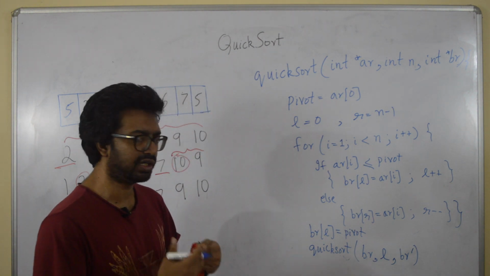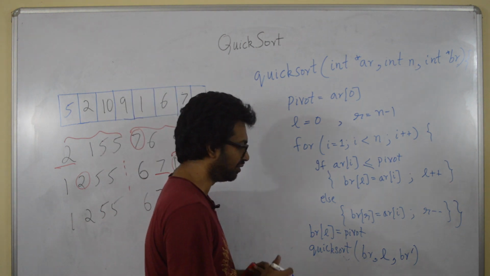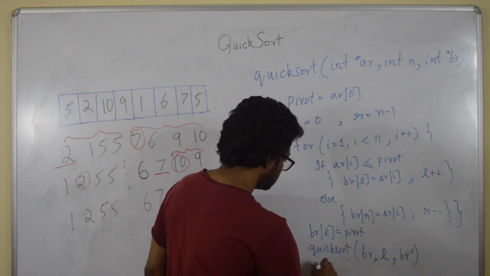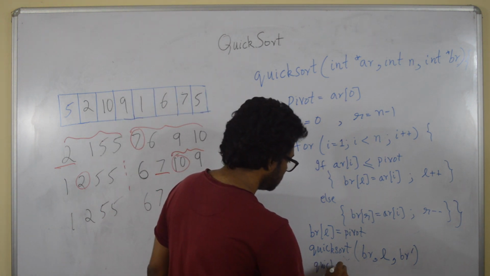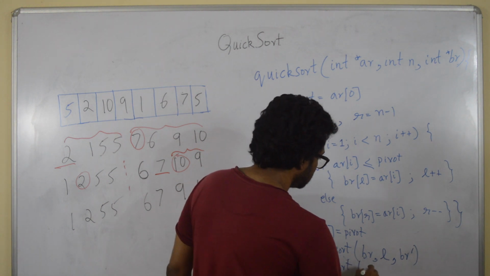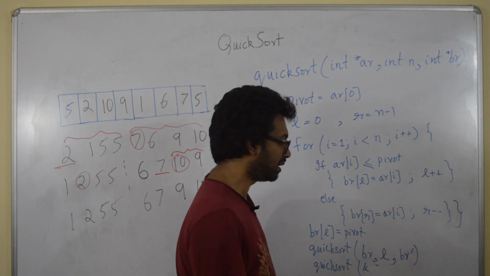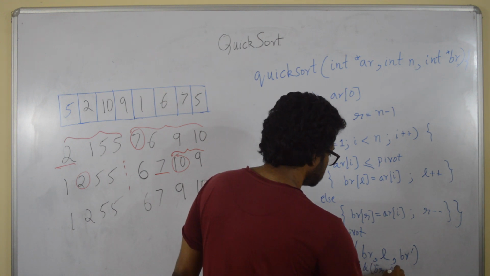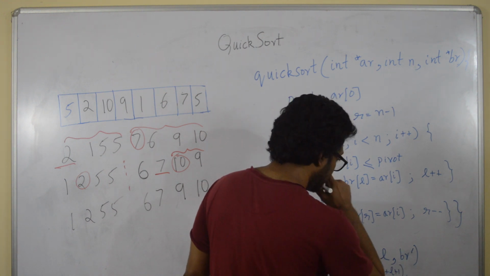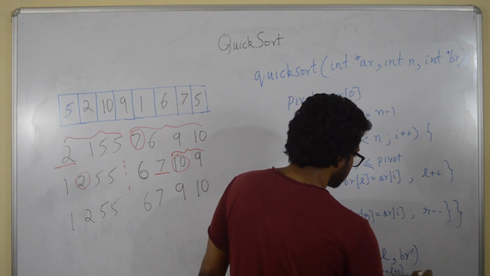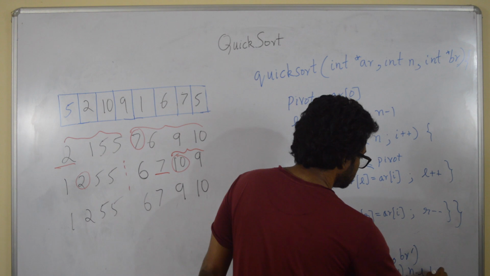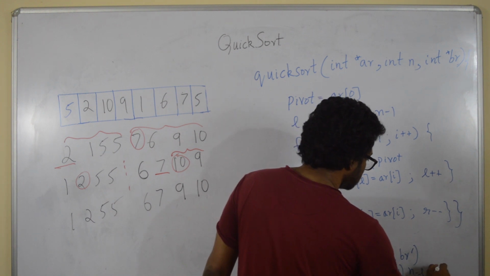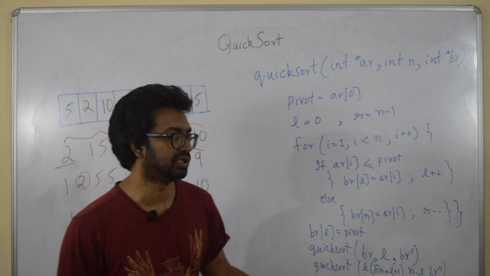And then after it comes back, we'll have to copy it. I'm going to pass the address of BR of L plus 1, and this will be n minus L. And also we pass another array here.